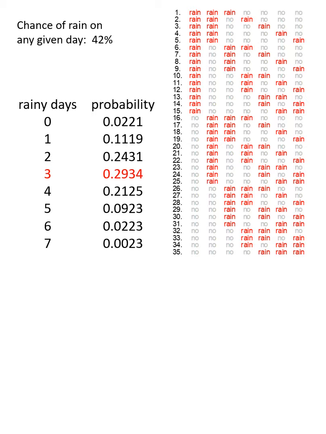Line number 1 represents rain on Sunday, Monday, Tuesday, and no rain the rest of the week. Or for example, line 10, examine that and follow this logic. Line 10 represents rain on Sunday, but not Monday or Tuesday, but then rain again on Wednesday and Thursday, and none for the rest of the week. And I certainly won't read any more of these to you, but you get the idea that there really are a lot of different ways that you can have 3 rainy days in a week.